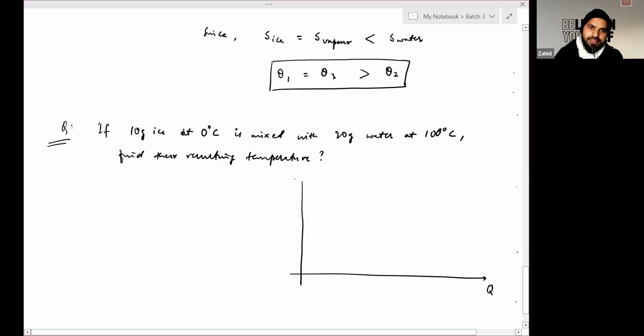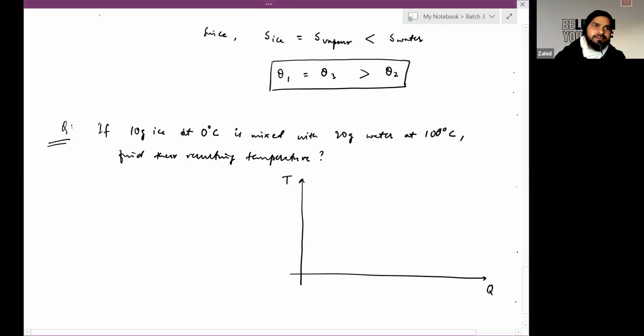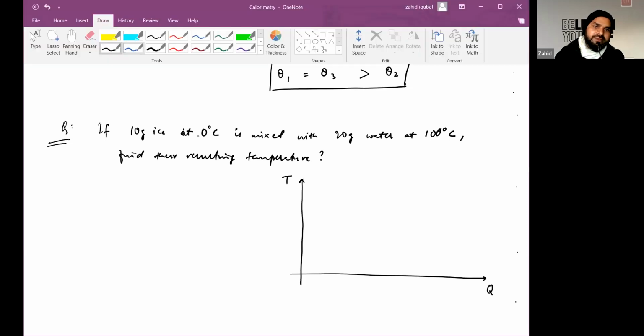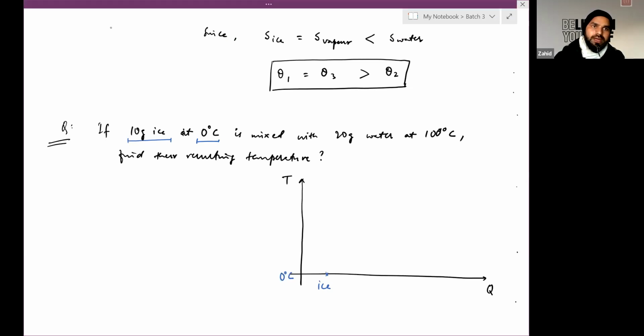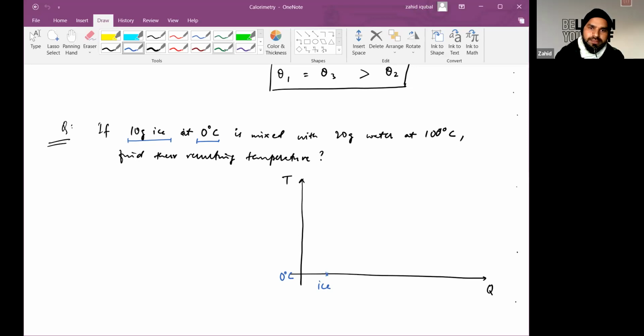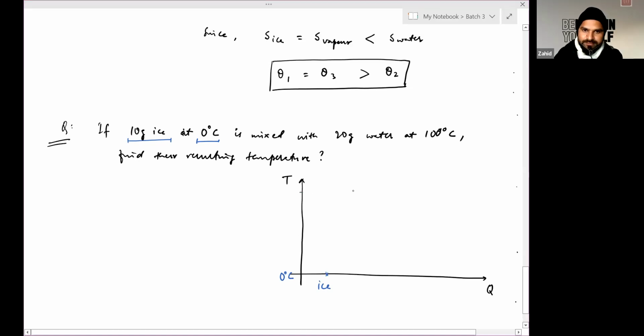Let's say this is Q and this is T. So we have 10 gram ice at 0 degrees Celsius, so it will be at this point, and water at 100 degrees Celsius will be at this point.